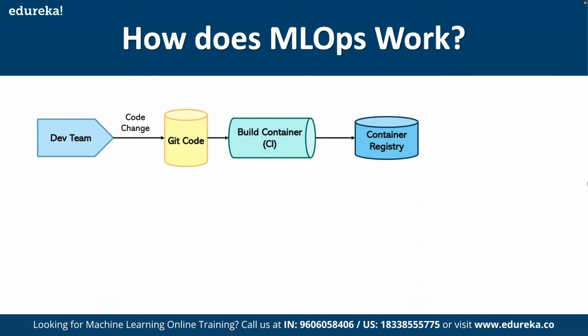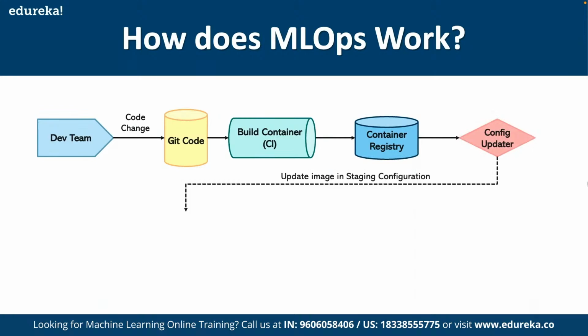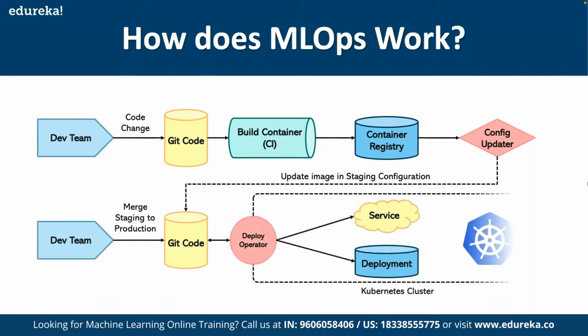In this pipeline, the data transformation is done, and then the config updater updates the image in the staging configuration. Then it is sent to a service where we can make use of Kubernetes deployment as required.